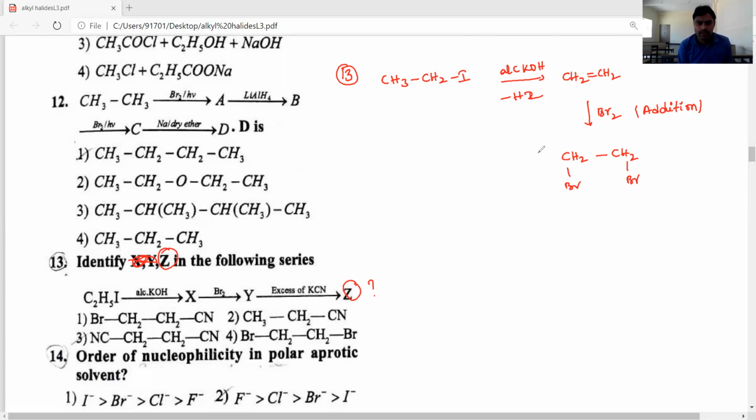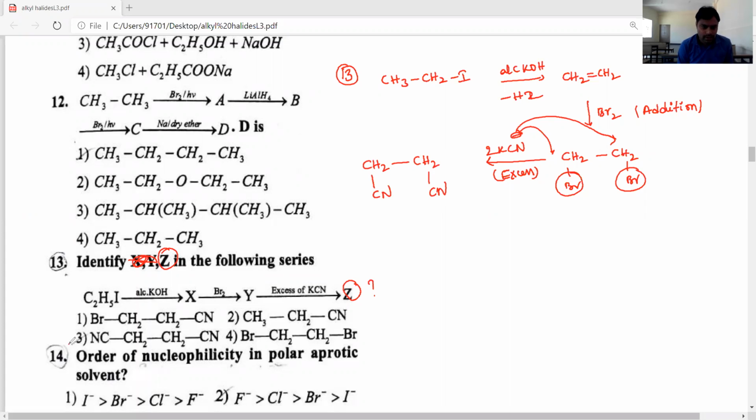This 1,2 dibromoethane is treated with excess KCN, potassium cyanide. Excess means we need to take around 2 moles. Then it undergoes nucleophilic substitution reaction and produces CH2 CN and CH2 bond CN. So the third option is correct.